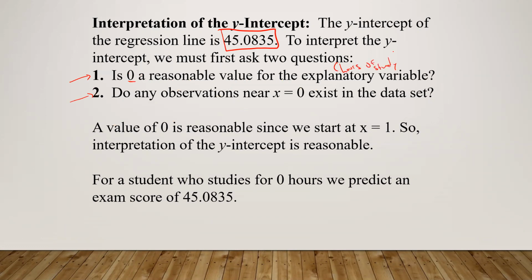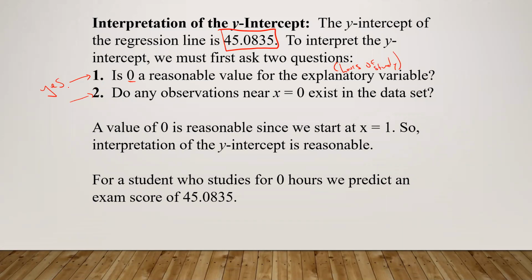Meaning, can you have a student who studies for 0 hours? Does that make sense? Can some student not study at all for an exam? Yeah, it makes sense. Students can not study.